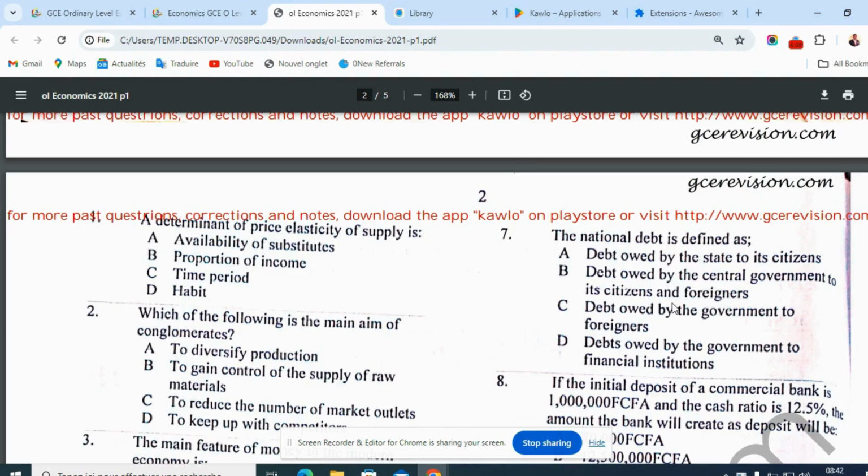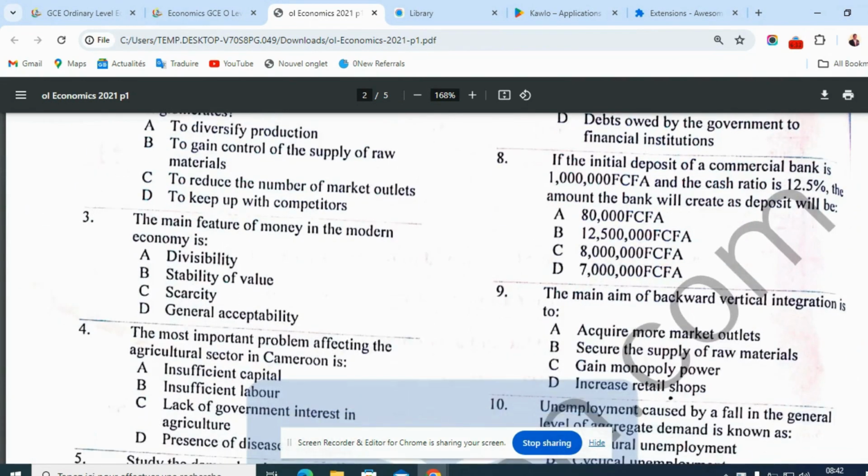Debt owned by the central government to its citizens and foreigners, debt owned by the government to foreigners, debt owned by the government to financial institutions. So the national debt actually is defined. The correct answer here is B, debt owned by the central government to its citizens and foreigners. So that's the correct answer. So let's go to number 8.